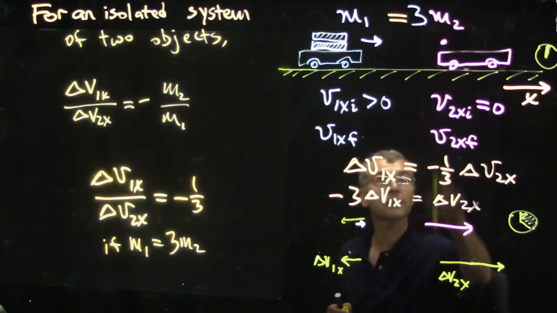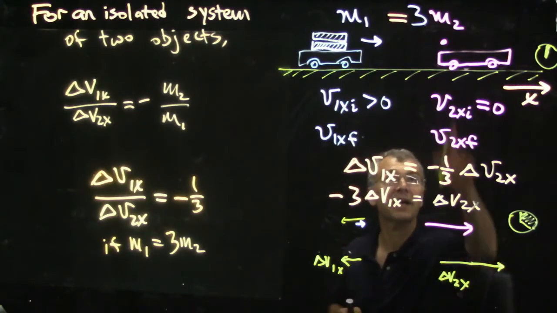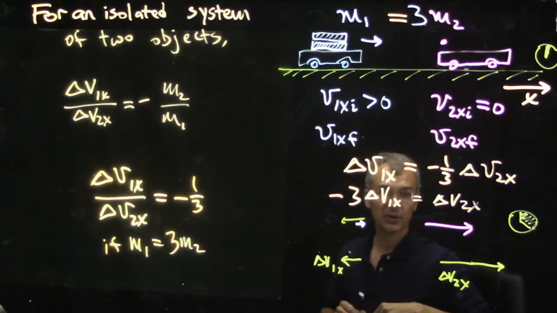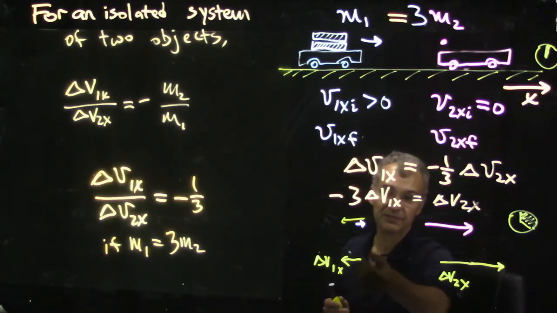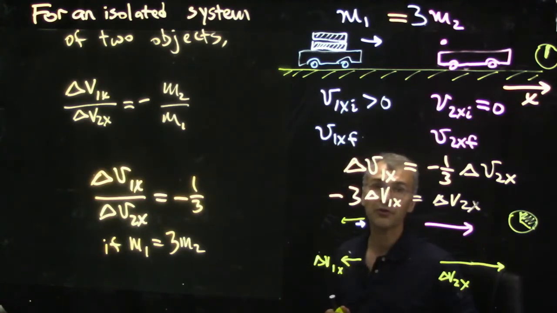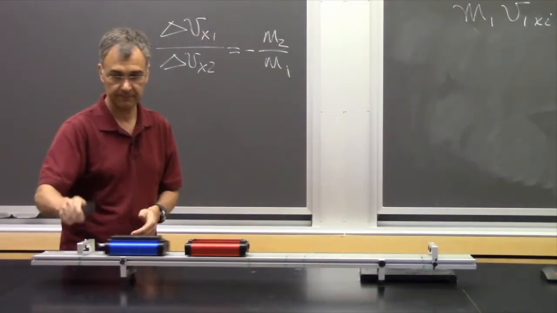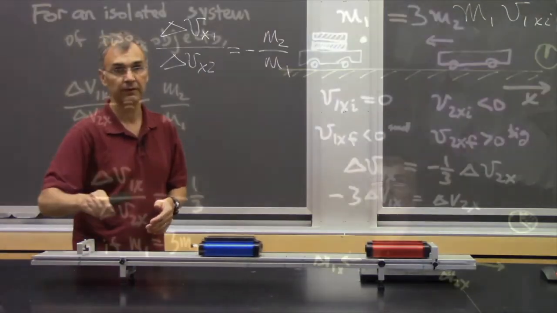Then for number 2, final is a big arrow to the right, initial is nothing, so this is a big change to the right. So delta V2 is a big change to the right, and delta V1 is a little change to the left. In fact, this change to the left is 1/3 as big as this big change to the right. Let's see what that looks like. Oh, see that?